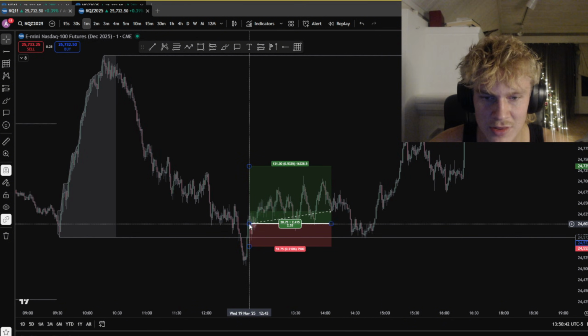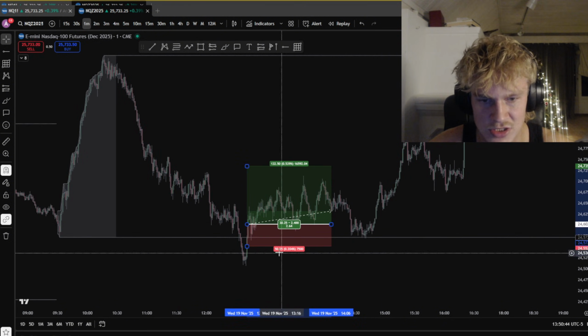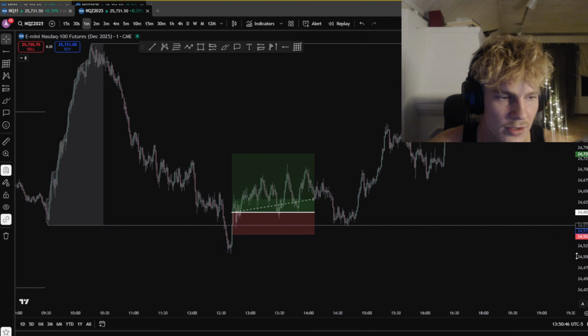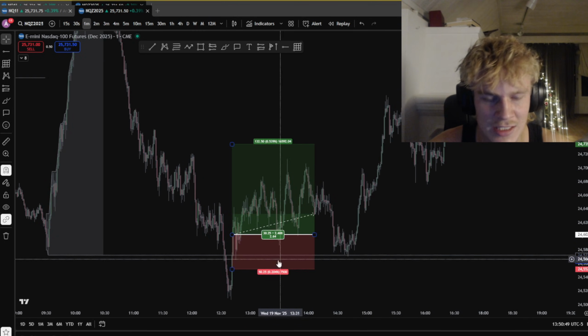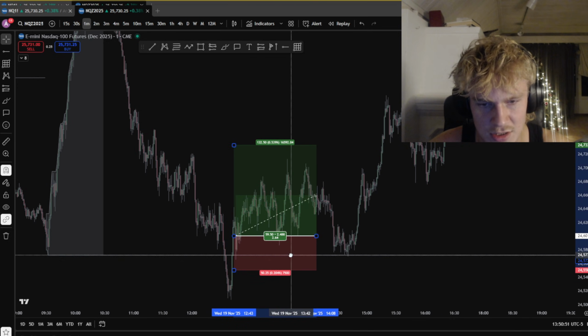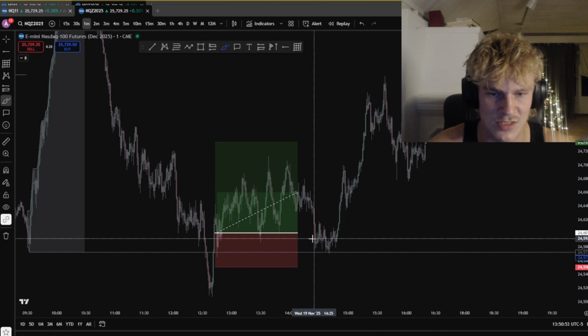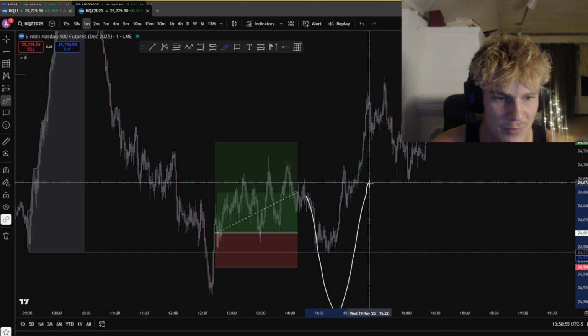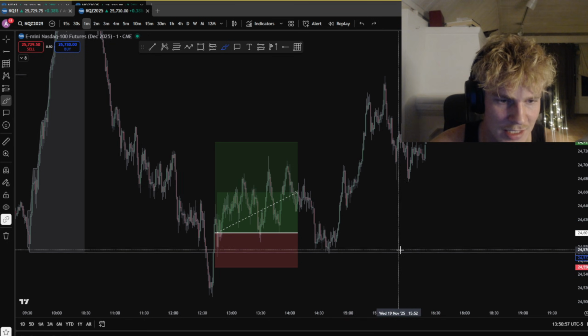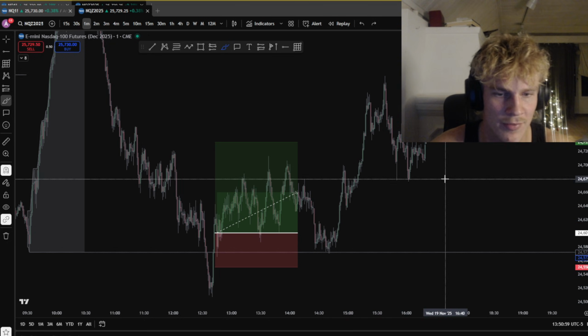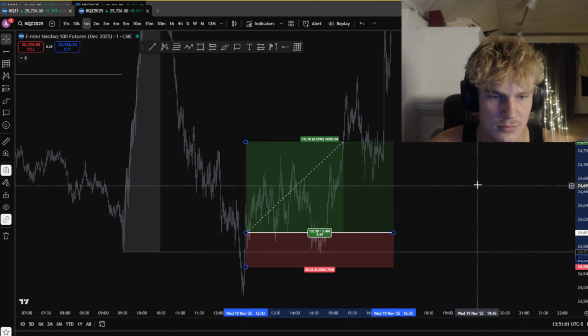But let's say you entered on this close when you saw the strong momentum. You want to cover at least the initial balance low with a couple of points. Because you can see retests like this, where it's break below, break above, and test this once again, and then a pump.